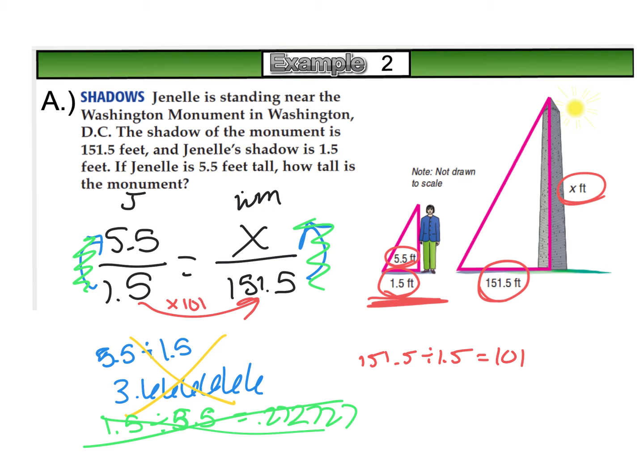I put it into my calculator, 1.5 times 101, and I get 151 and 5/10. So I'm going to do the same thing on top. 5.5 times 101, I put that into the calculator. The Washington Monument, x equals 555.5 feet.